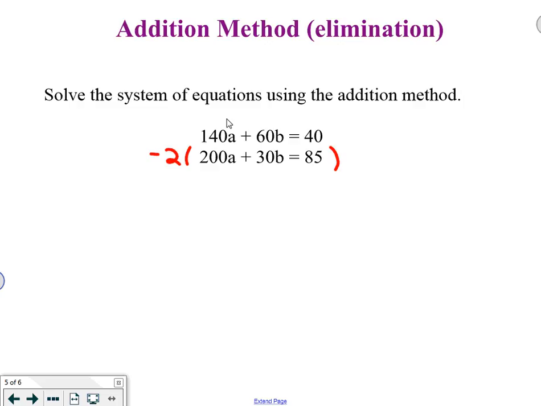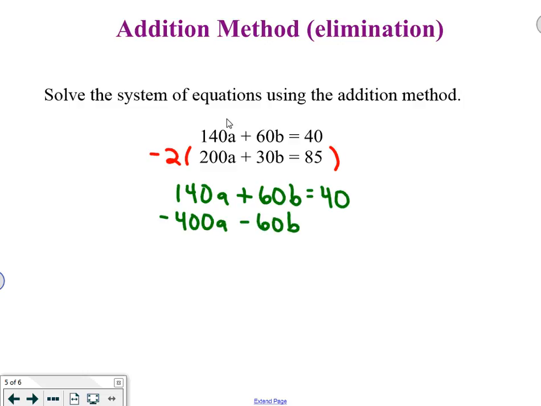I'm going to first rewrite the top equation. And now I'm going to rewrite my new bottom equation. And you can see that the b's are going to cancel out. So the next step is to add the two equations together.